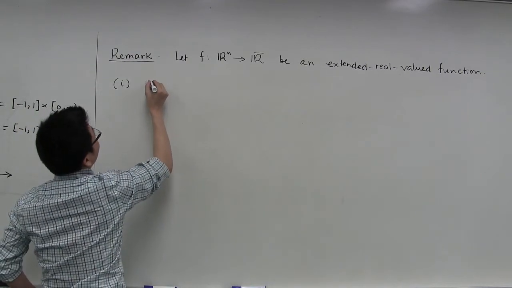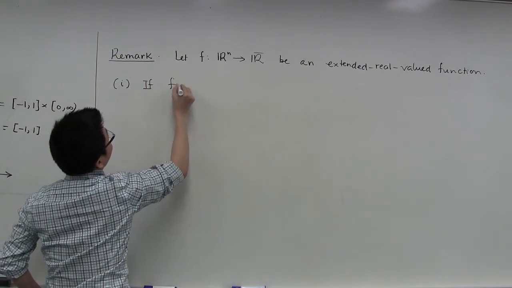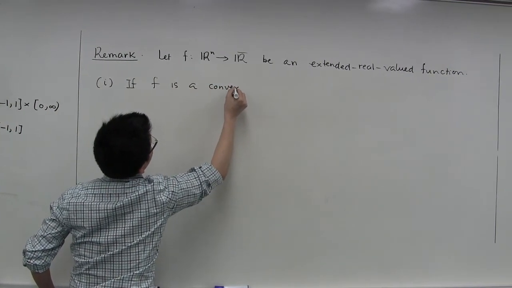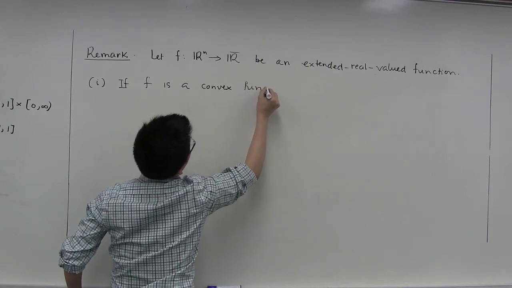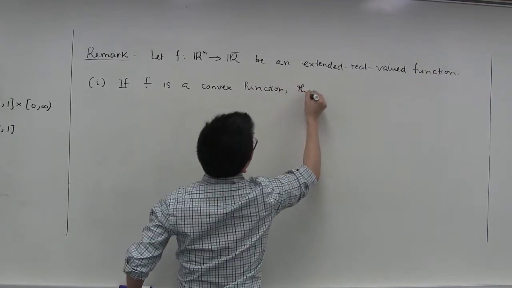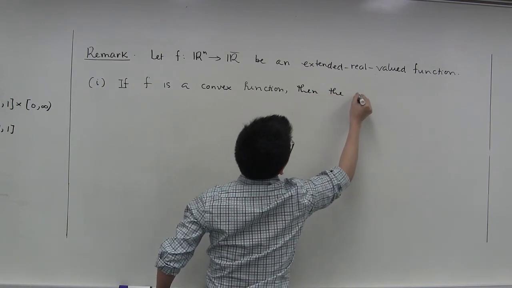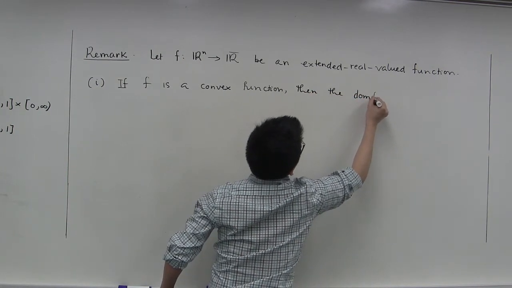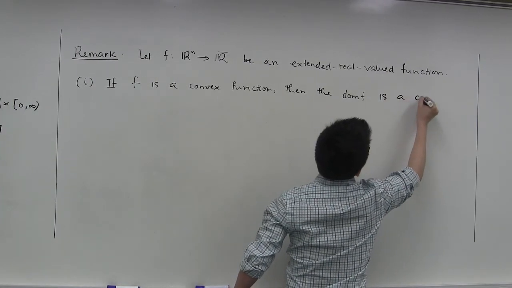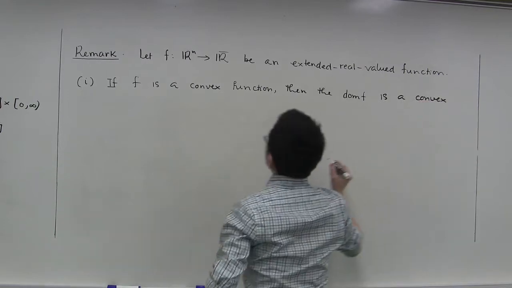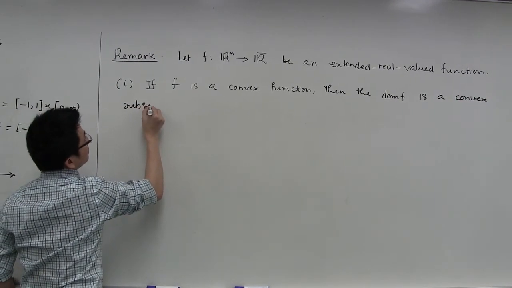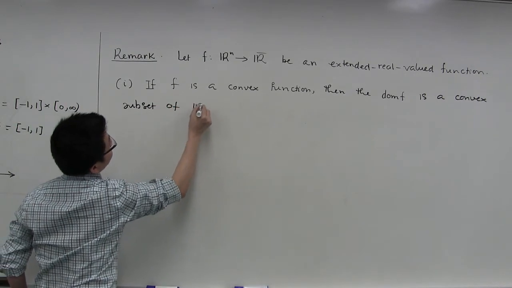If f is a convex function, then the domain of f is a convex subset of Rn.